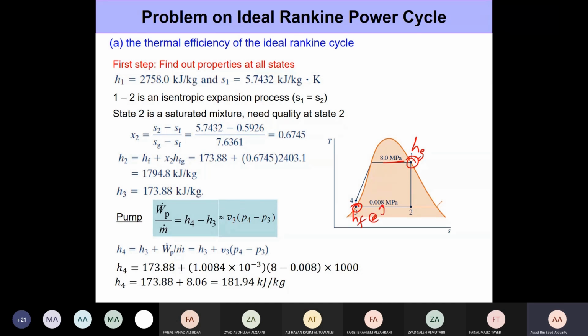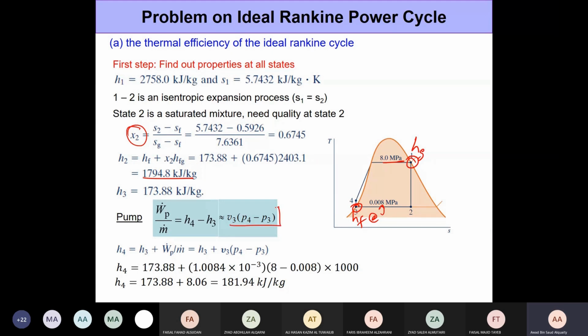And for the other two enthalpies, H2 and H4, we had to make use of the fact that the process is isentropic. So we found the quality for state 2 and then the enthalpy. Similarly for H4, we made use of the fact that since it's an isentropic process, it's also an internally reversible process.